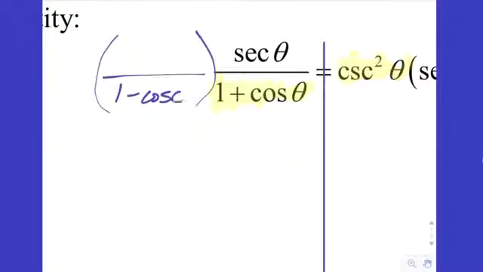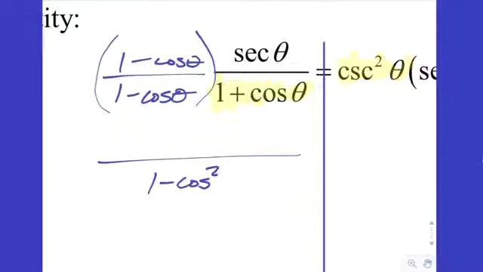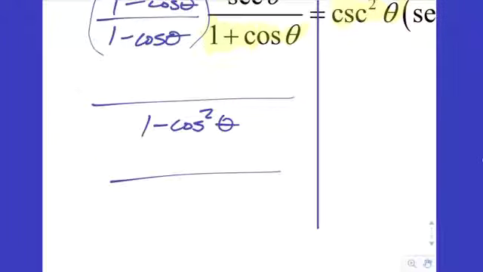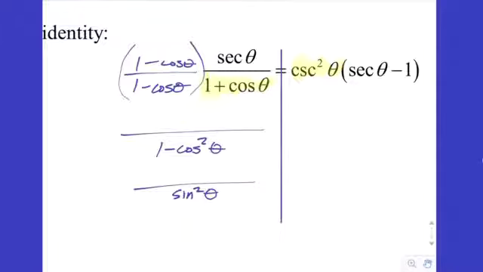So 1 minus cosine, 1 minus cosine. So again, looking in the bottom, that gives you a 1 minus cosine squared. And then going to the next line, if you want, that's going to be a sine squared. All right, so that's pretty cool because now that gives me my factor of cosecant squared in the numerator.